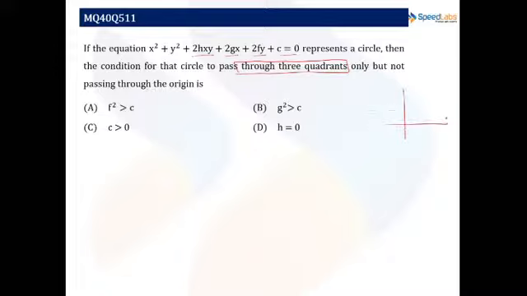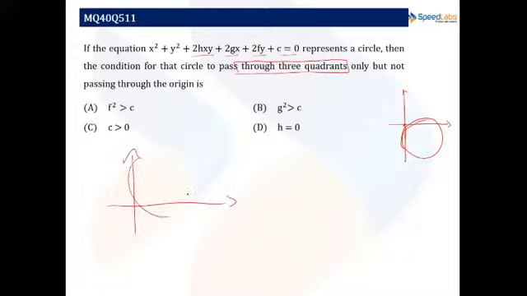So we have to make it pass through three quadrants. So it is passing through the three quadrants and it is not covering the origin, so this can be the only case.